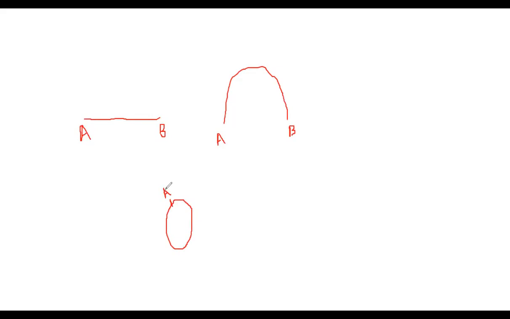So in these three examples, we have distance and displacement. Distance we say is the scalar quantity, and displacement we say is the vector quantity.